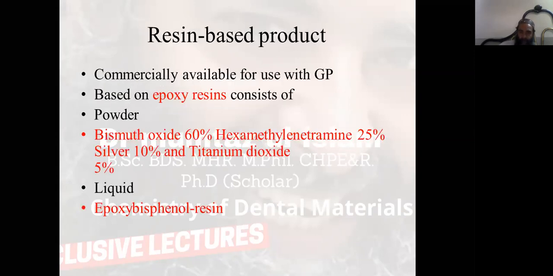Nowadays, resin-based products are also available for use with GP, meaning gutta-percha points. These are based on epoxy resin, consisting of a powder which is bismuth oxide 60%, hexamethylenetetramine 25%, silver 10%, and titanium dioxide 5%.